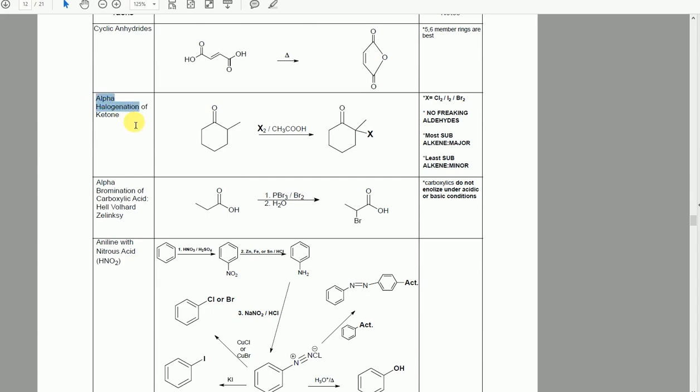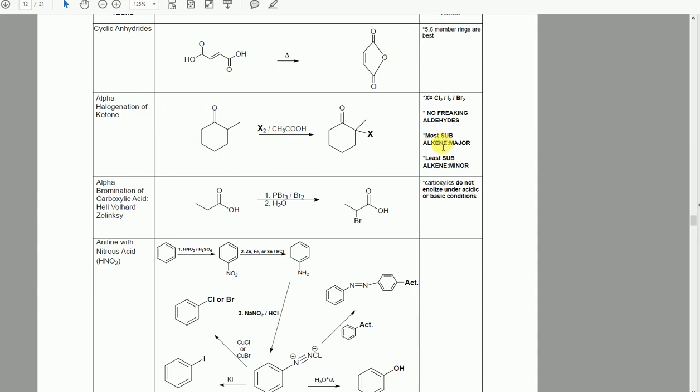This is a reaction that kind of fits in later, and it'll make more sense later, but what you need to know for the alpha halogenation of a ketone is that it will basically brominate the alpha position, which is the position one carbon away from the carbonyl. So this will add a bromine right here, and it's going to be at the most substituted position.